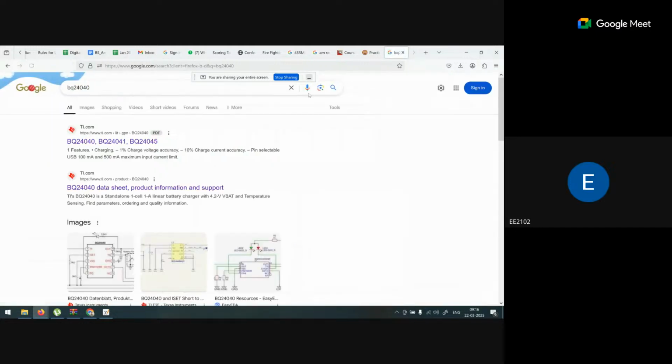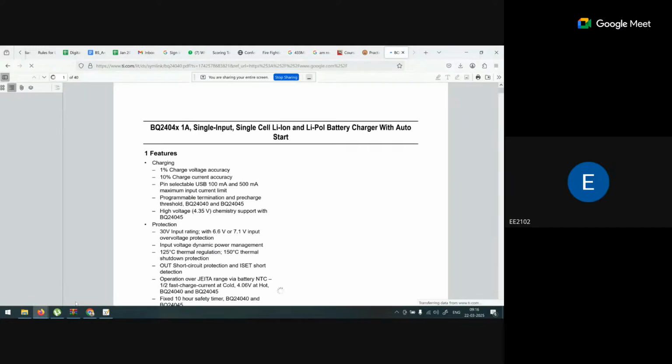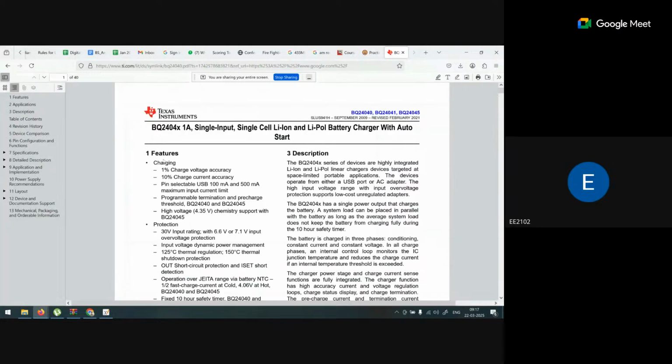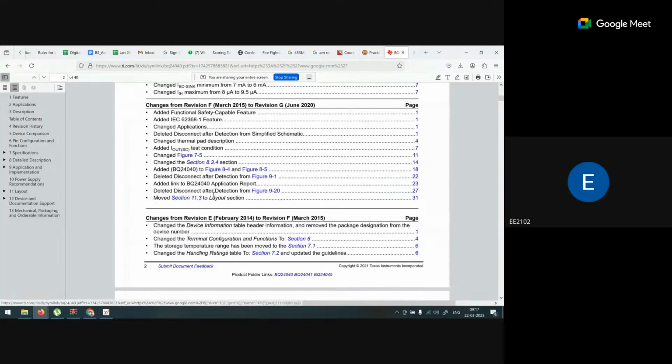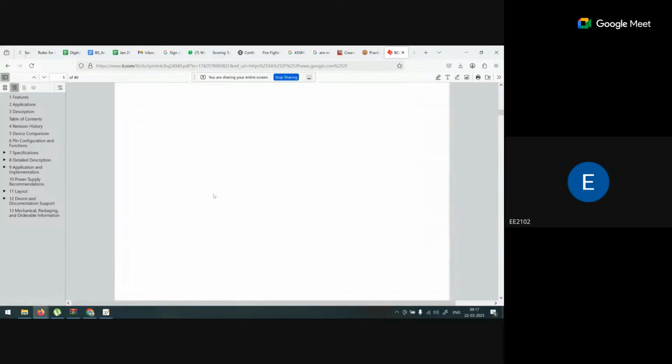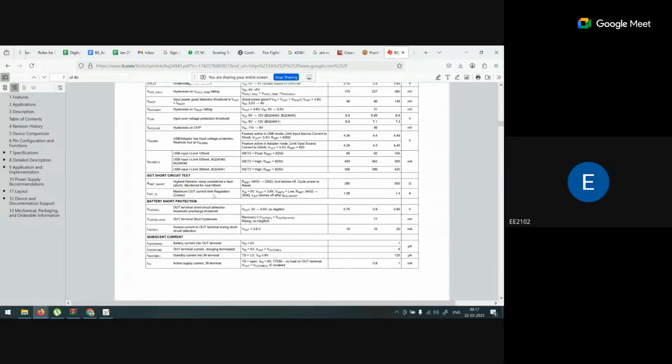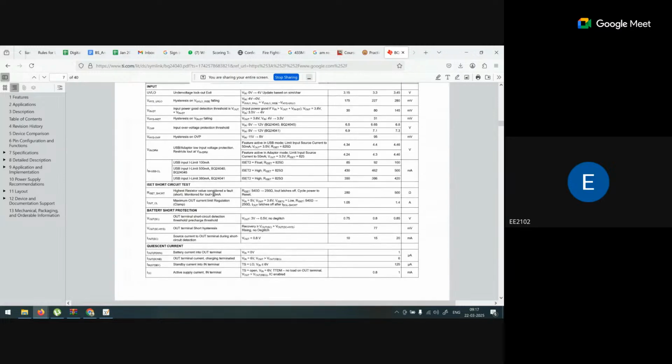if you see the data sheet, this is the data sheet.